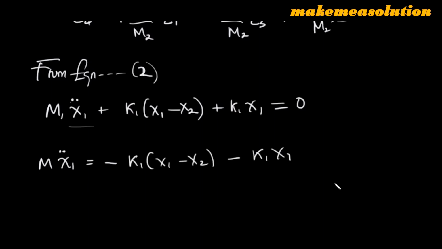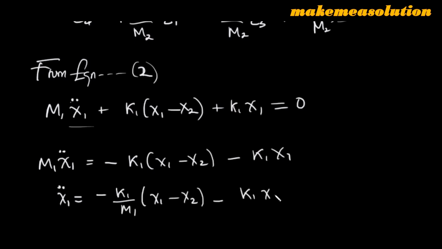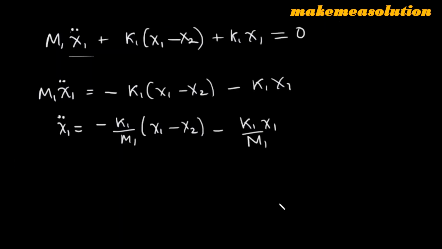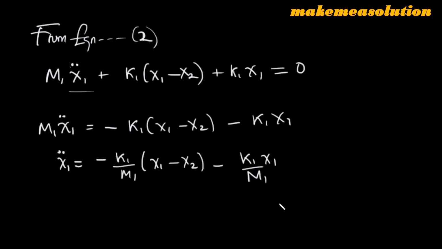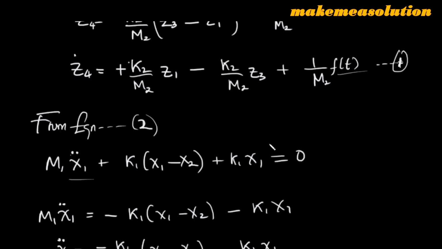When you take it over to this side and divide through by m1, you have minus k1 over m1 into x1 minus x2, and minus k1 x1 all over m1. Okay, now see what is going to happen in this particular case. What did I do here?